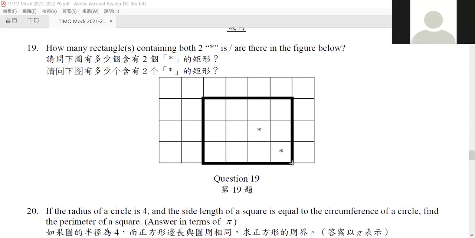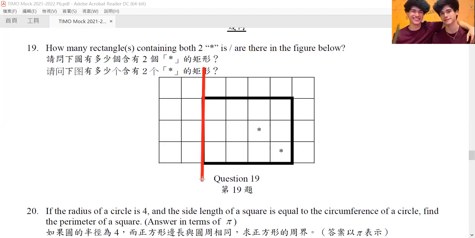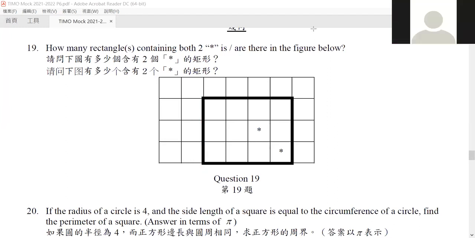But instead of considering this rectangle, let us consider its four sides. You have a red side, the left side. You have a blue, which is its right side. You have green, which is its top side. And we have orange, which is its bottom side.